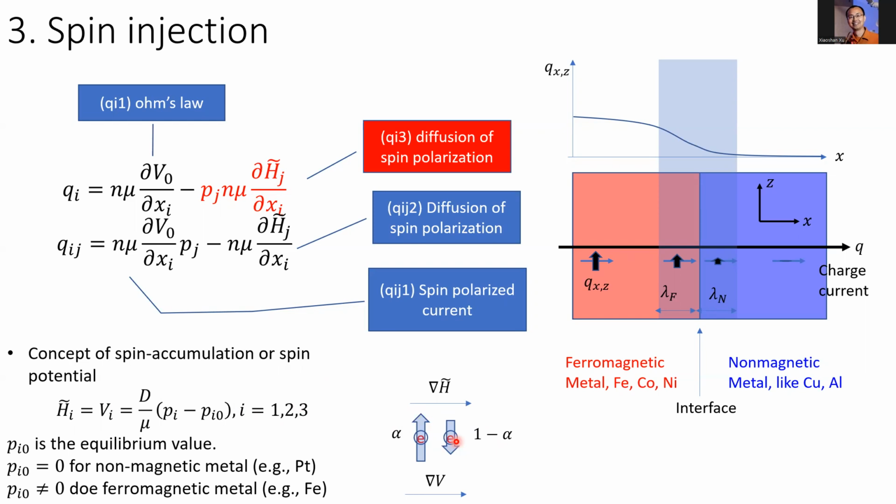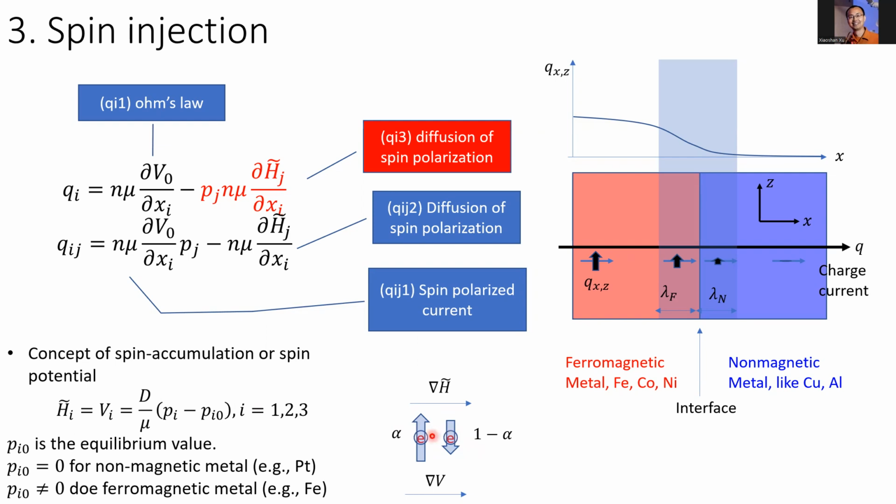This imbalance will cause diffusion. Since you have more spin up going this way and less spin down, when they go toward each other, the total spin polarization or spin current is not going to be canceled.